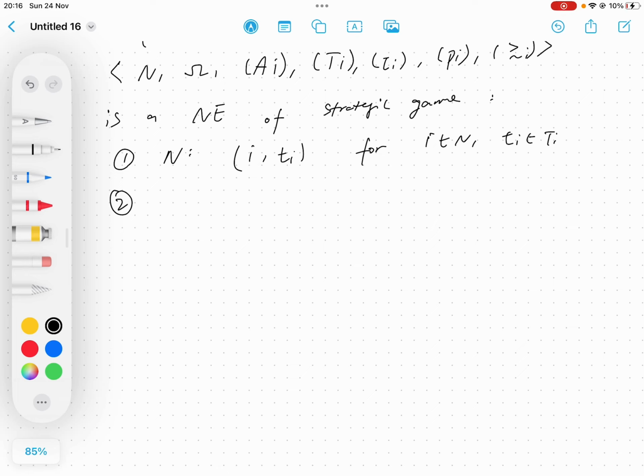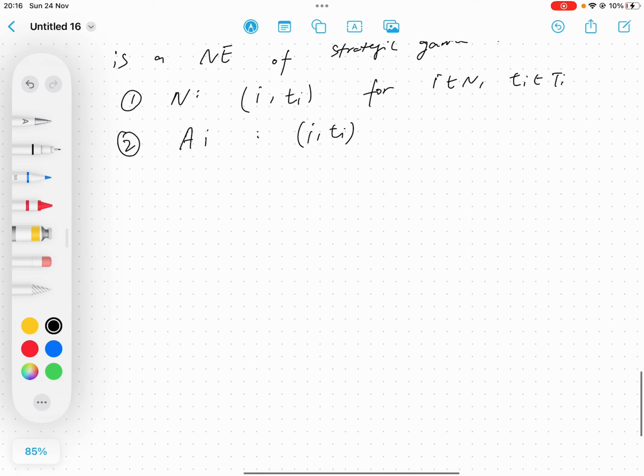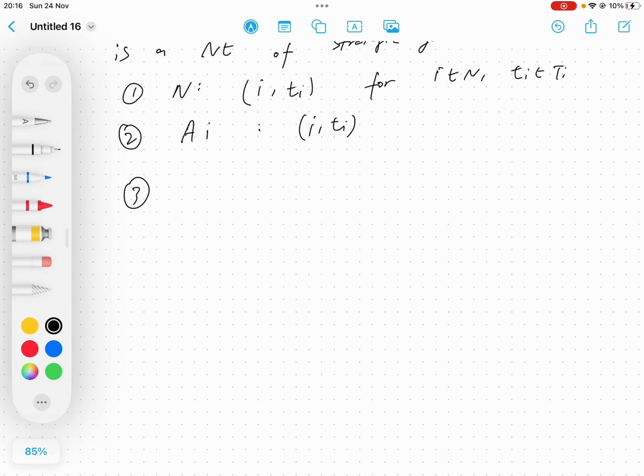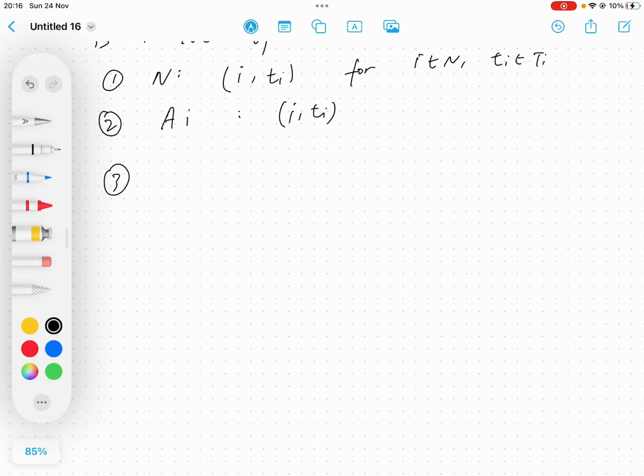And the set of actions of each player (i, t_i) is this A_i. And the preference ordering of each player with the type (i, t_i) is defined as follows.